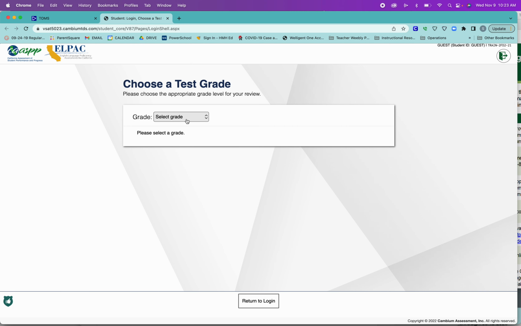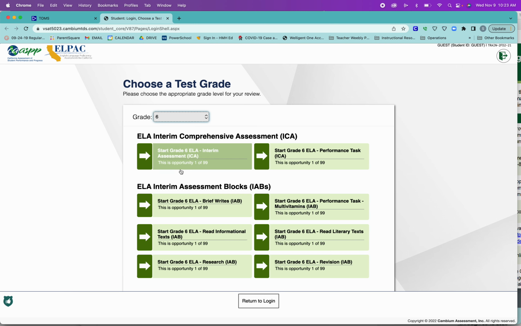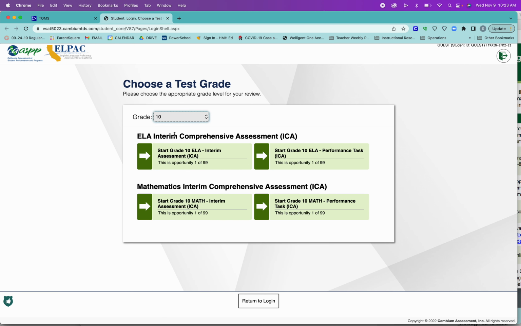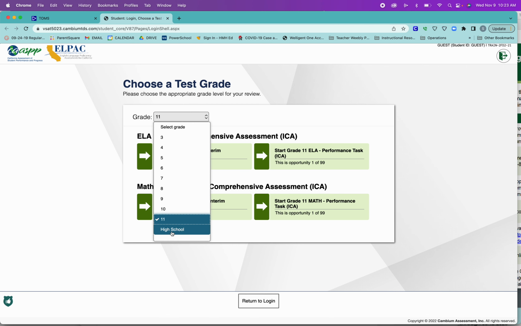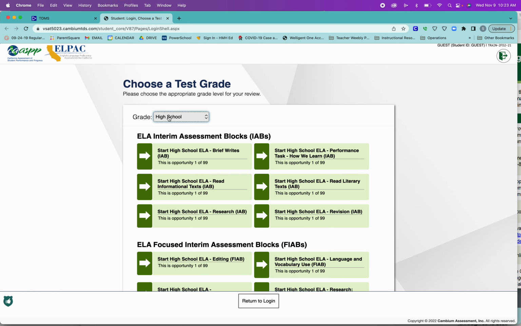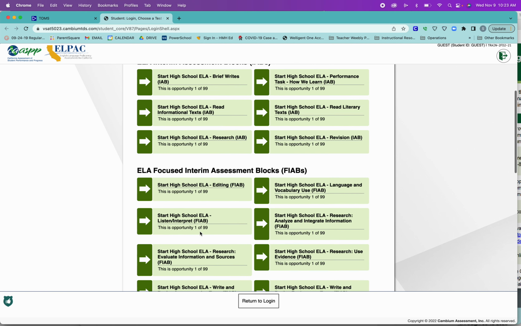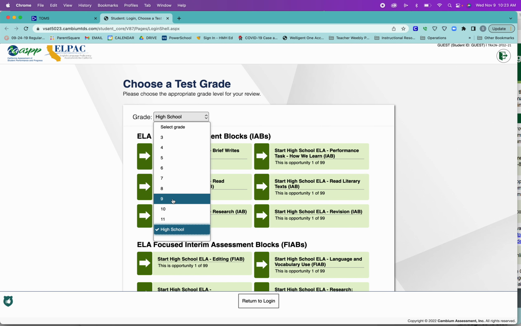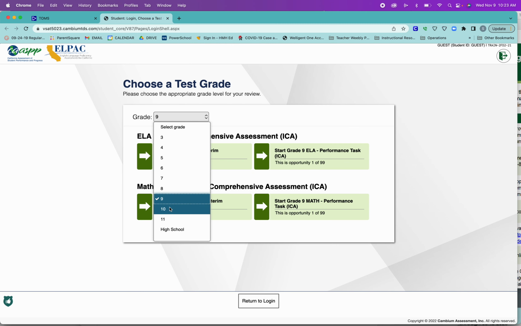It is a system for either you or your students to go in without having to log in and practice assessments. You can choose whatever grade level you are teaching or you want your students to practice. If you're at the high school and you pick high school, it gives you more options than if you were to just choose the individual grade level.